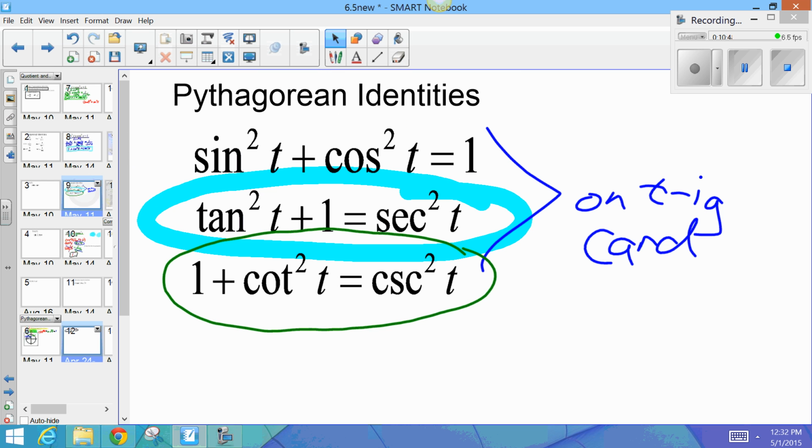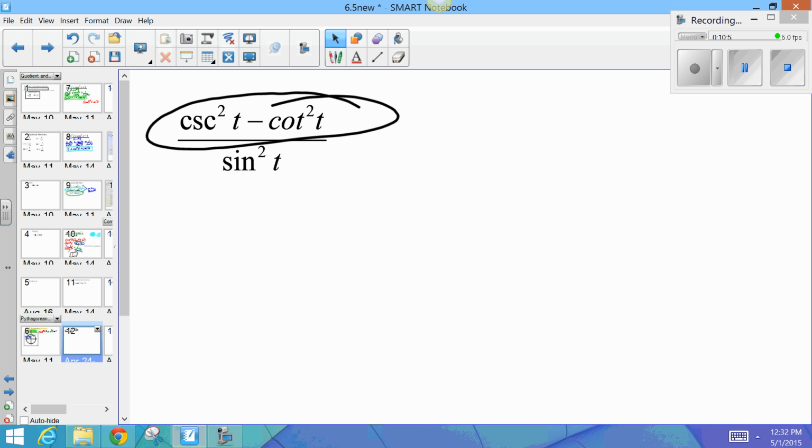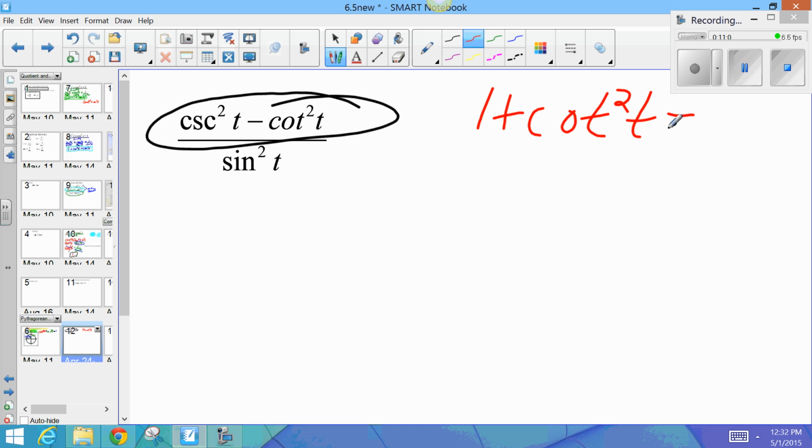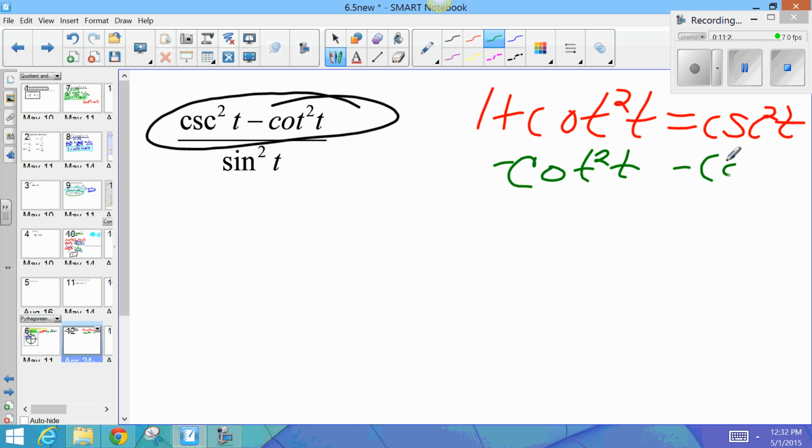Okay, so I know I've got a Pythagorean identity that says 1 plus cotangent squared equals cosecant squared. Let me write that. 1 plus cotangent squared of t equals cosecant squared of t. Okay, so I want to get this to look like what's on the numerator of that fraction. All right, I want cosecant squared subtract cotangent squared. Well, if I were to subtract cotangent squared from both sides of the equal sign, I'll get what I'm looking for.